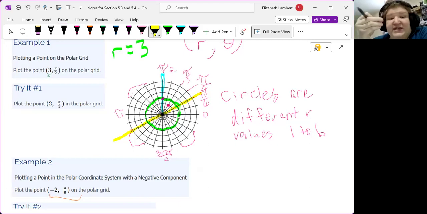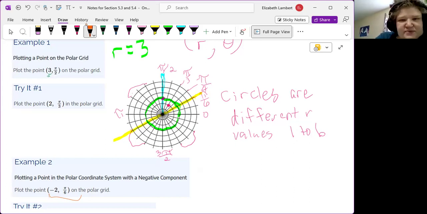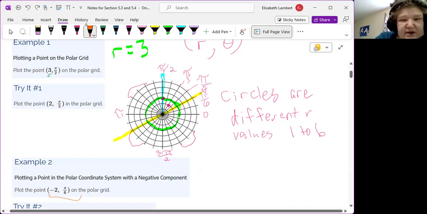With polar coordinates, there are multiple ways to say the same position. So our negative 2 on our pi over 6 line, instead of counting to positive 2 up here, we are going to count back here.